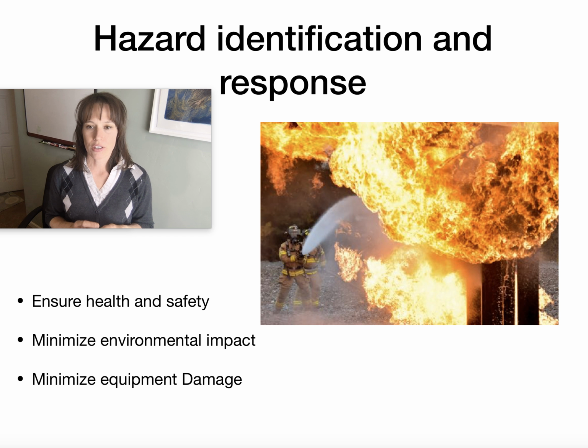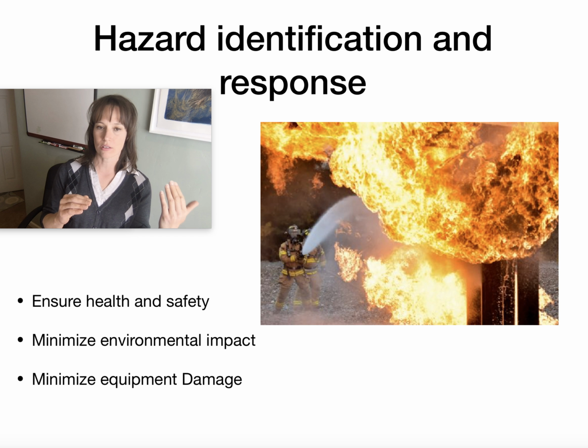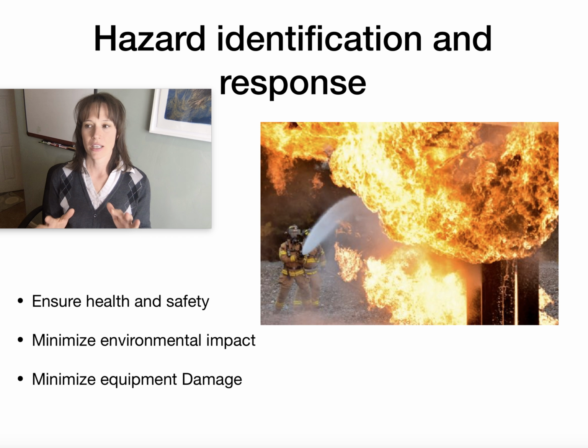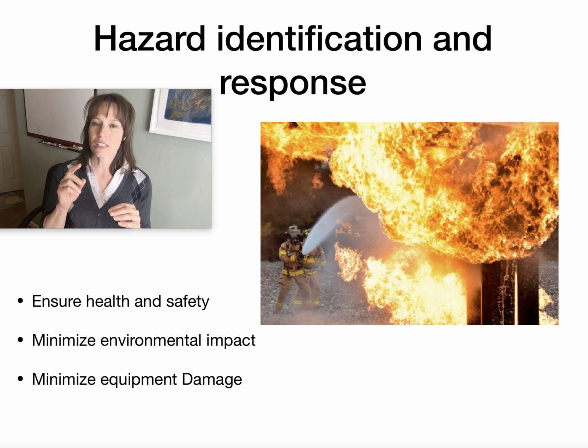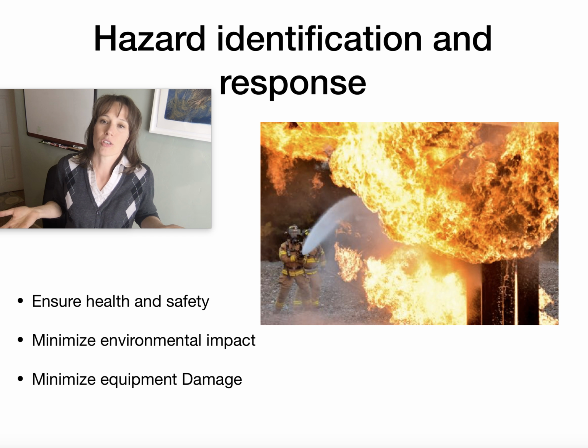Now, the third priority, again, these are in order, is to minimize equipment damage. If we're having a problem, we may need to shut down the system or whatever it is. If we continue to let a pump run in a non-optimized situation, under pressure, under too much flow, while we try to do something else, and we actually break the pump, that is worse than completely shutting down that pump and fixing a minor problem that could make your system stop for a little while.